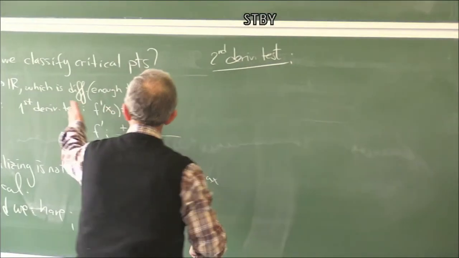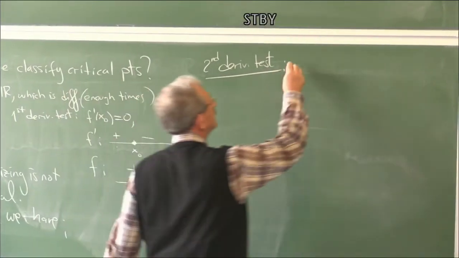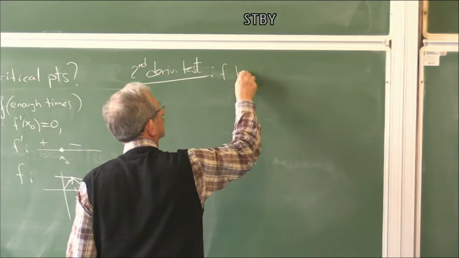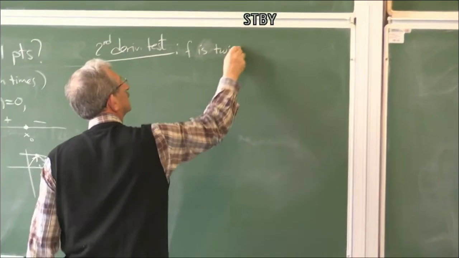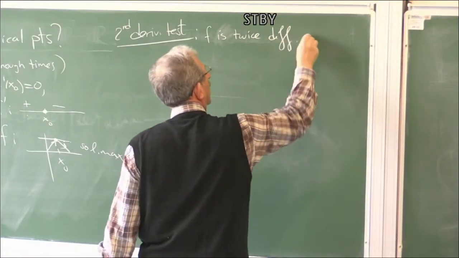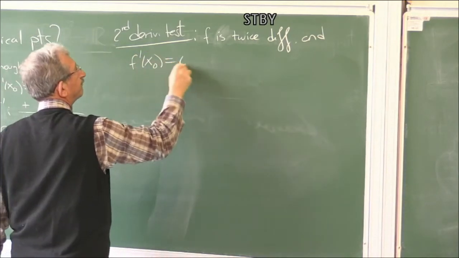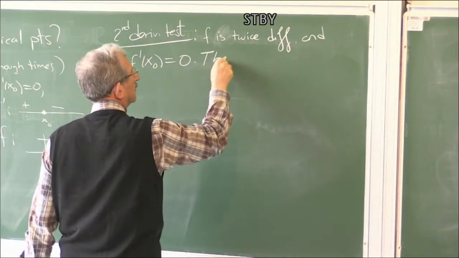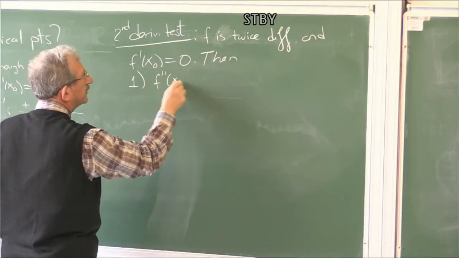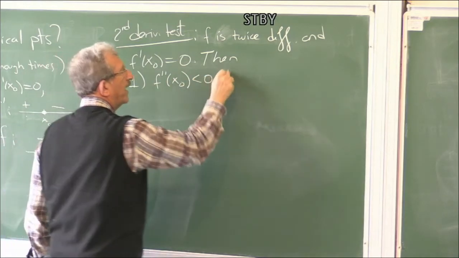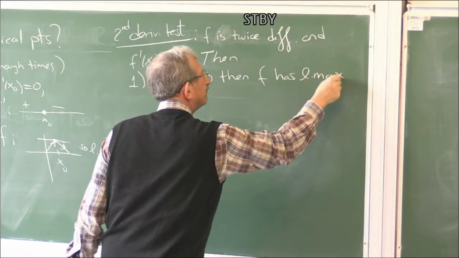This said that if f is differentiable enough times, here 2 times, so f is twice differentiable, and we have a critical point, then, you recall these things: if f double prime x0 is negative, then f has a local maximum.